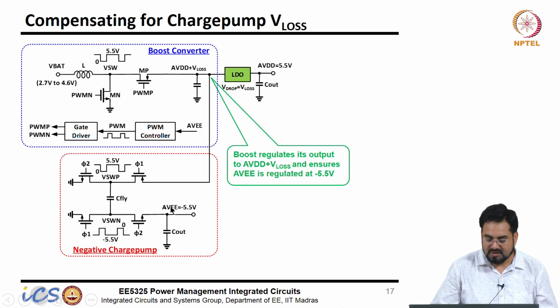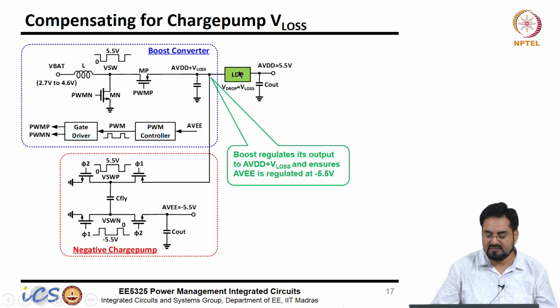Now the feedback will be coming from here, because we are interested in this minus 5.5 volt. So this will be fed back, and this voltage will be regulated at minus 5.5 volt. Whatever extra voltage there is here, we do not care for the purpose of regulation, because the LDO will handle that extra voltage.